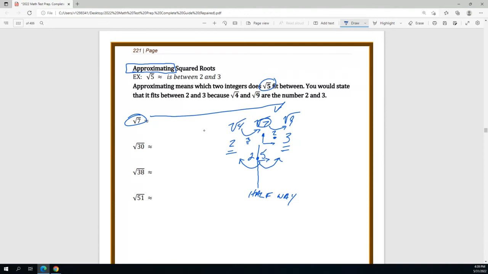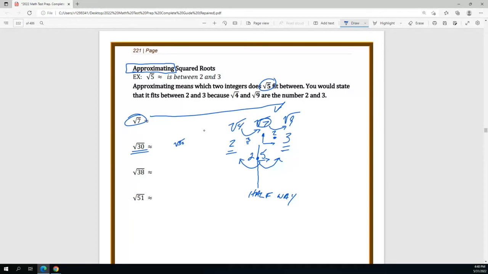Now, on the test, they may ask you to do something this detailed, but for us, for right now, let's just figure out which 2 whole numbers this thing is between. Look at this one. We have to think about the square root of 30. Can you think about the whole numbers that are squared that are around 30? Well, 2 squared is 4, 3 squared is 9, 4 squared is 16, 5 squared is 25.